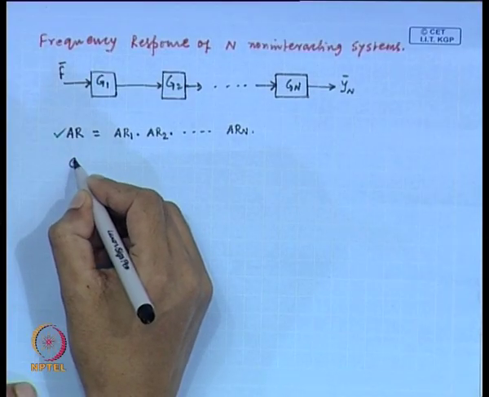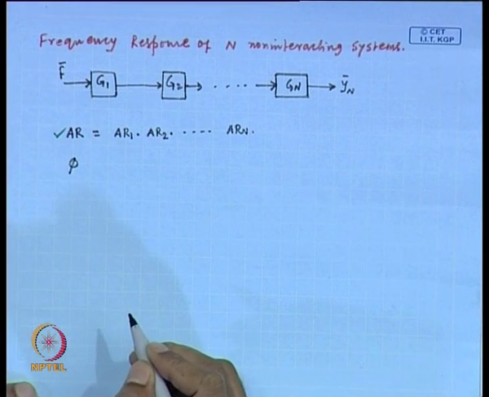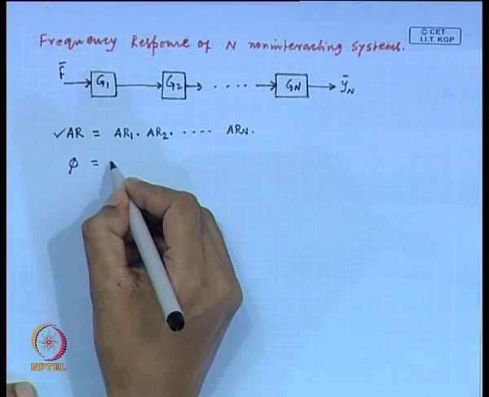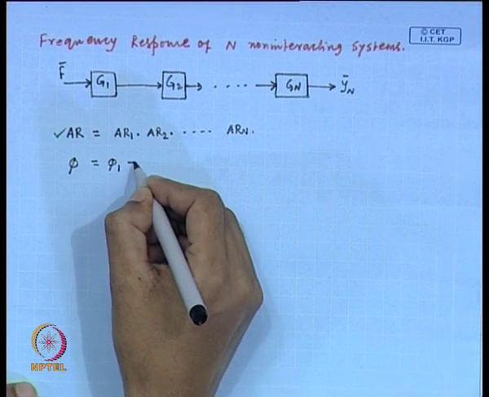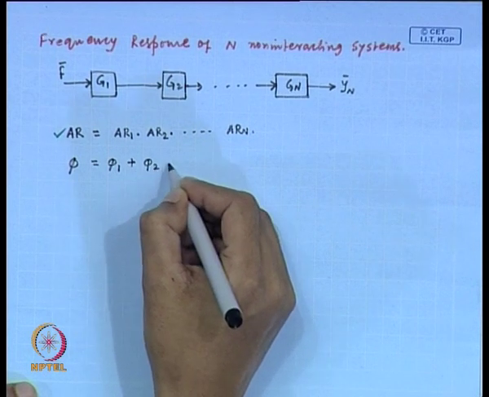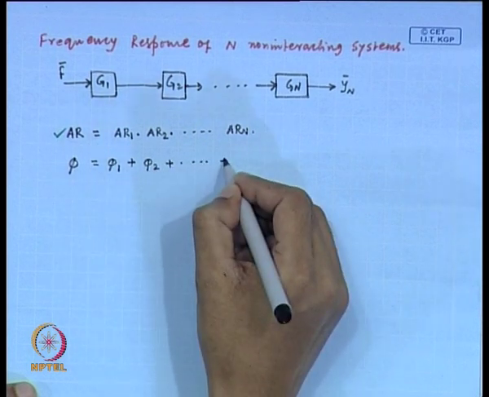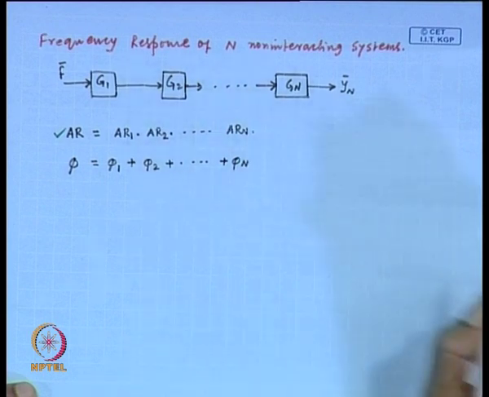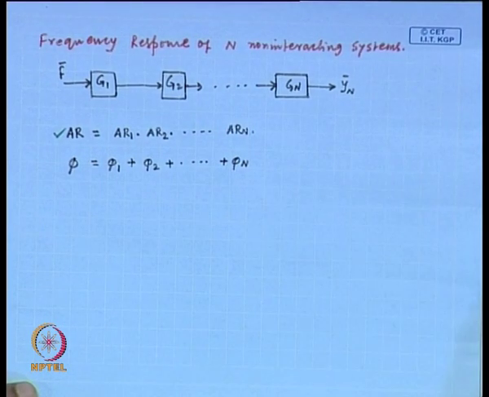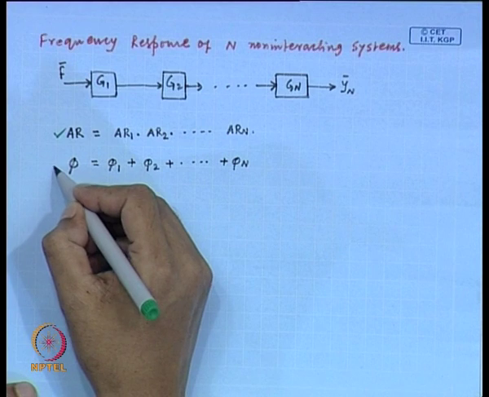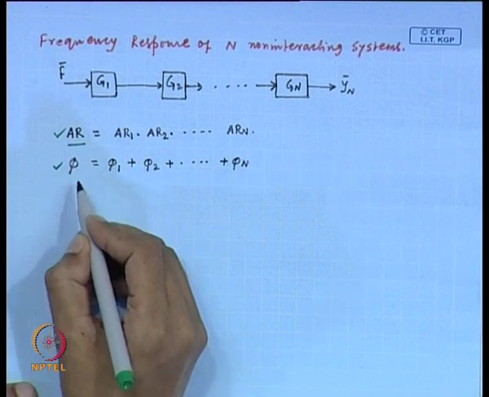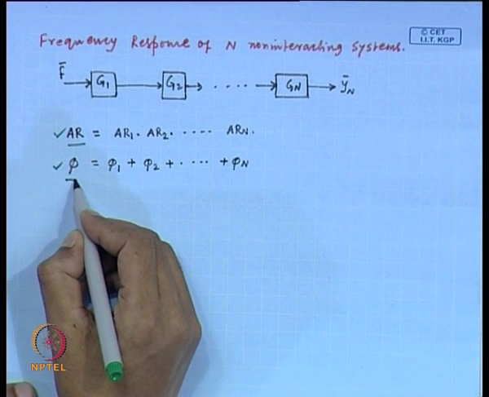Similarly, the overall phase angle phi is the summation of the individual phase angles. This is the overall amplitude ratio, this is the overall phi.